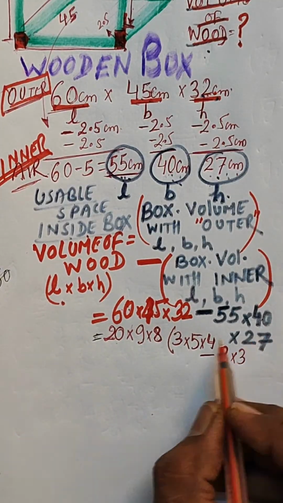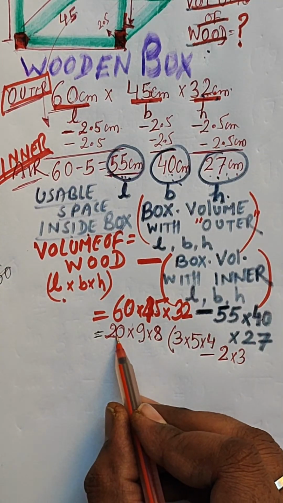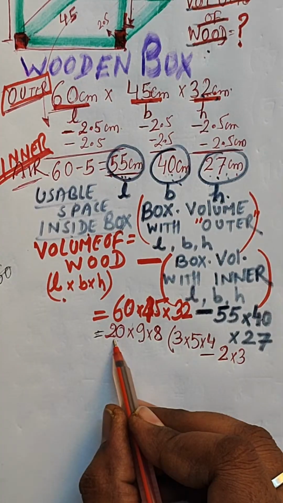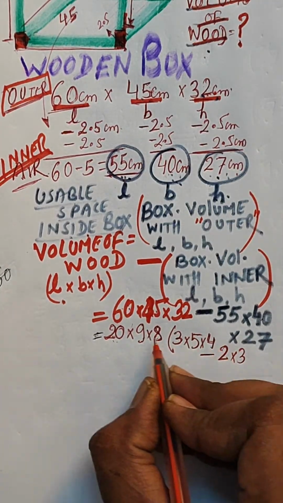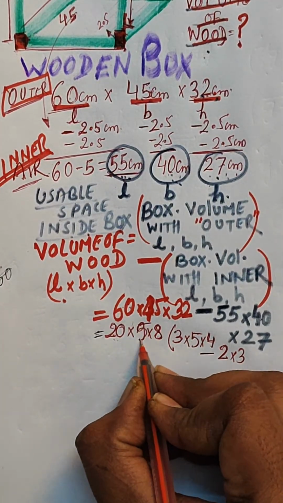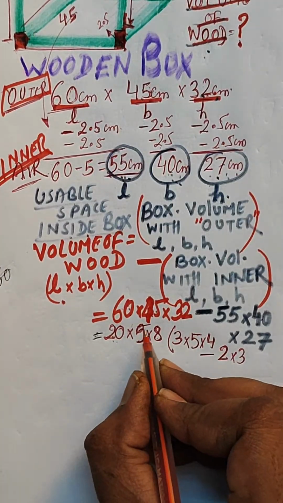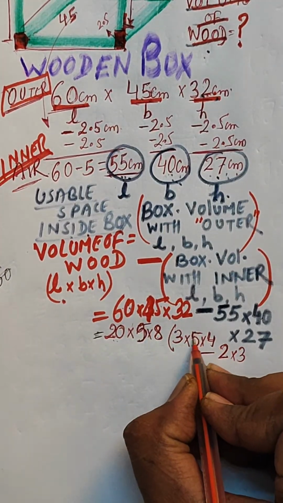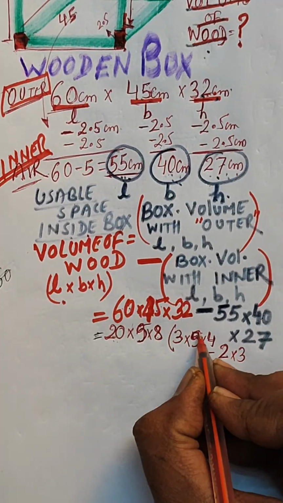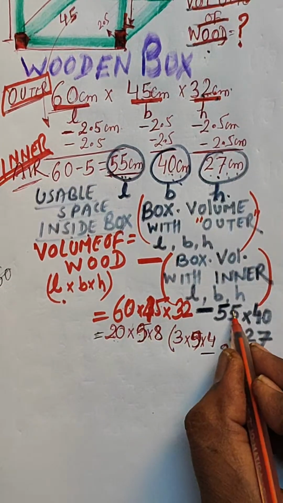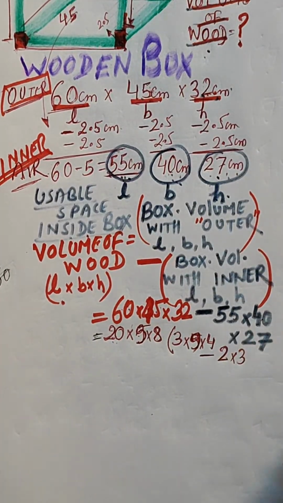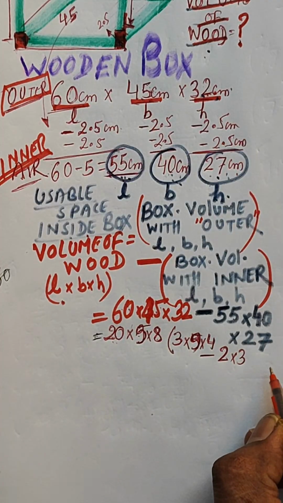Rather than taking 9, we can take 5 as common, and from 55, 11 is left.